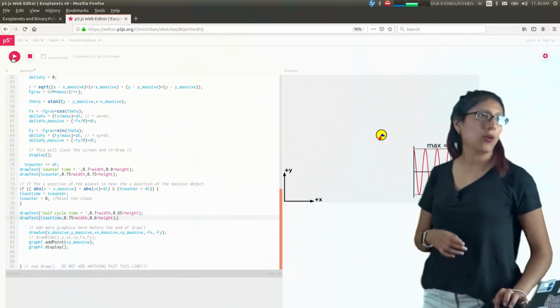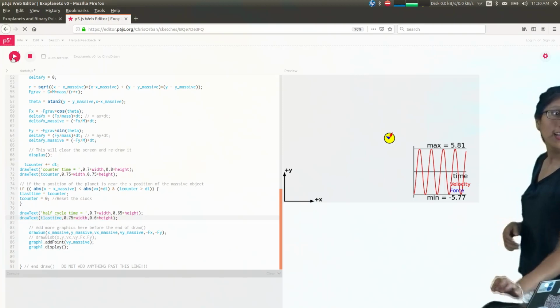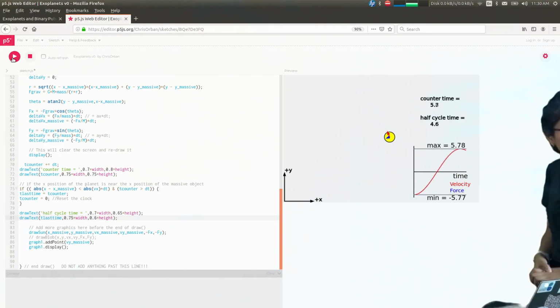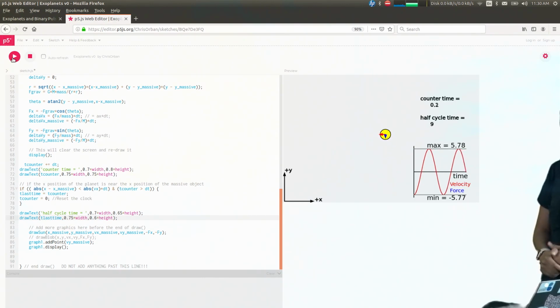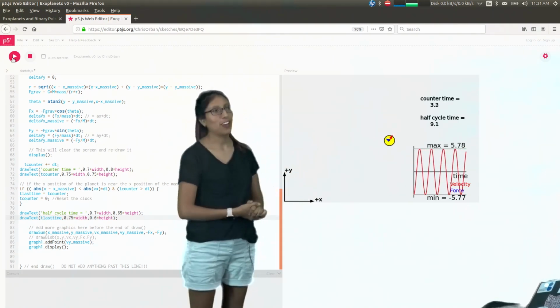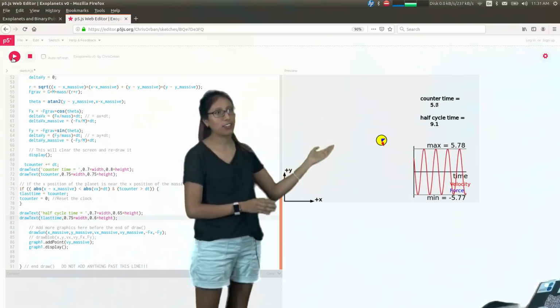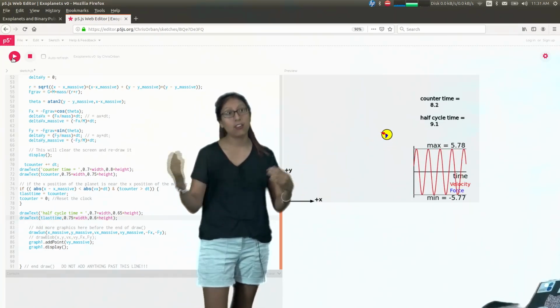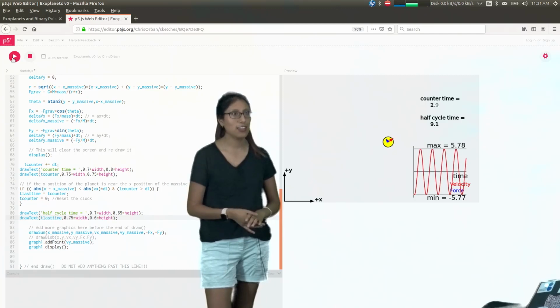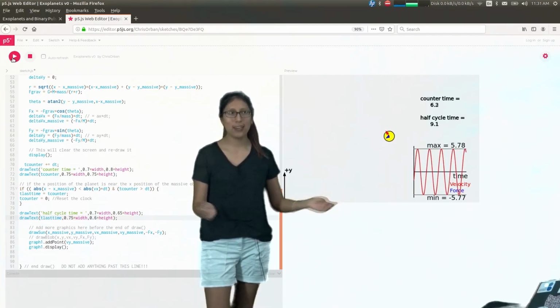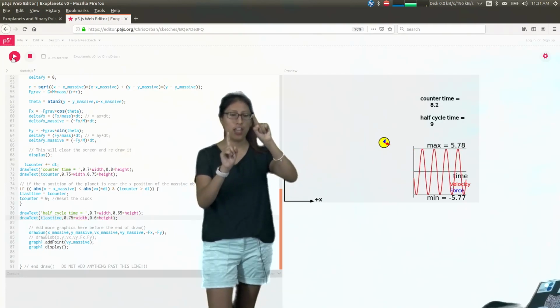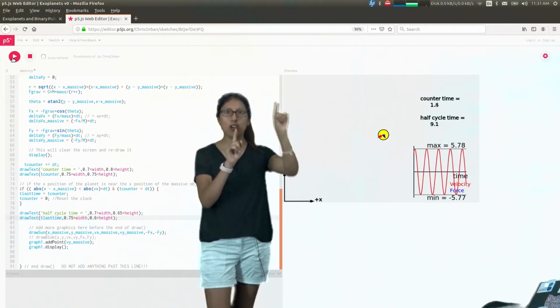So now, when I push play, we will be able to see the half cycle time of this planet going around the sun. So now that you can see this better, we can compare this half cycle time to the period of the planet going around the sun, because half the cycle time, just like it has it in the name, is half of the time it takes the planet to go around the sun.